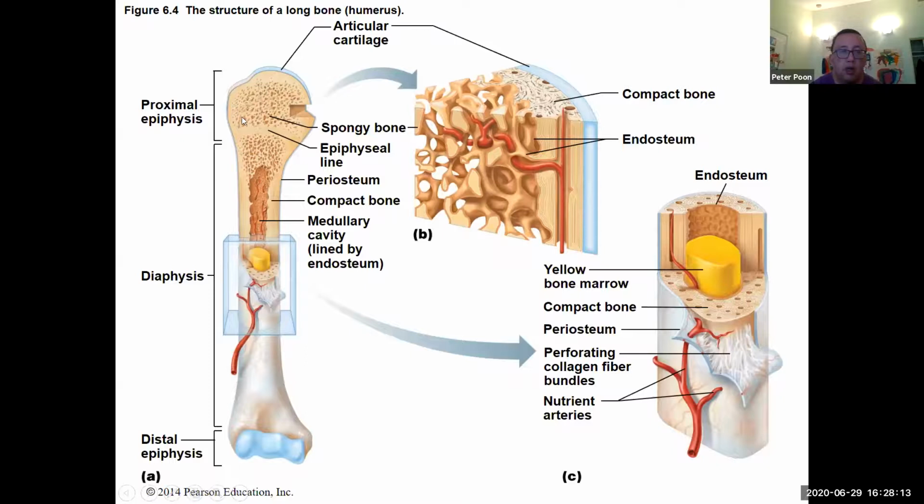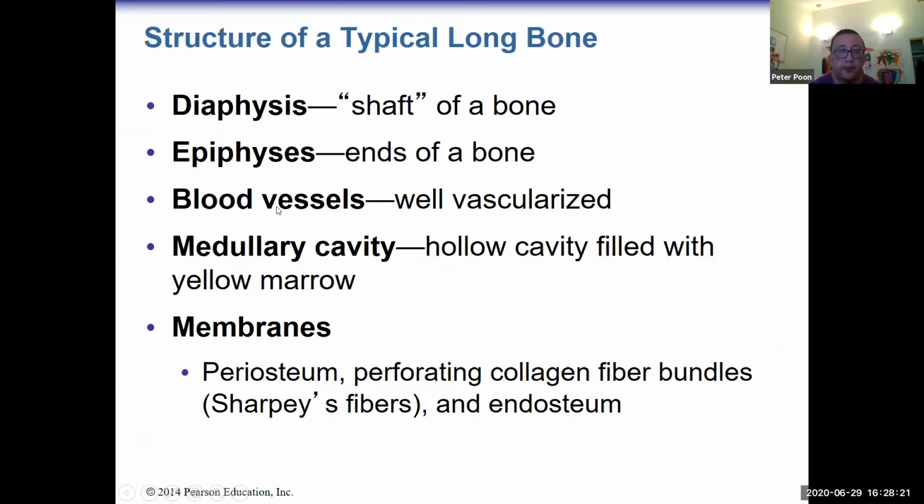Compact bone, spongy bone. We're going to talk about the structure of a typical long bone. That's one of the things you have to label. So the diaphysis is the shaft of the bone.